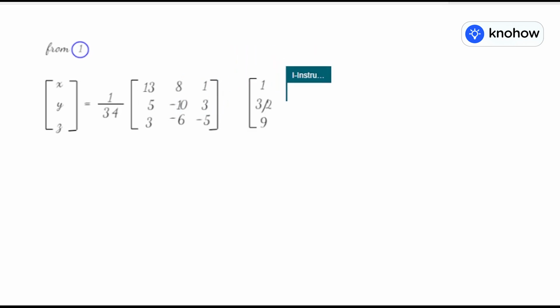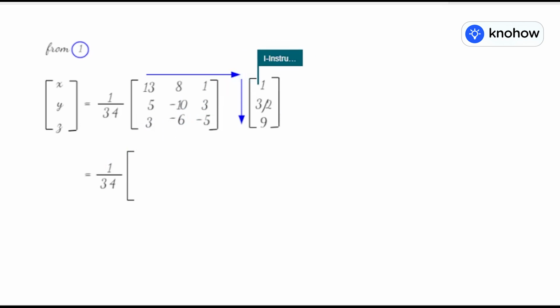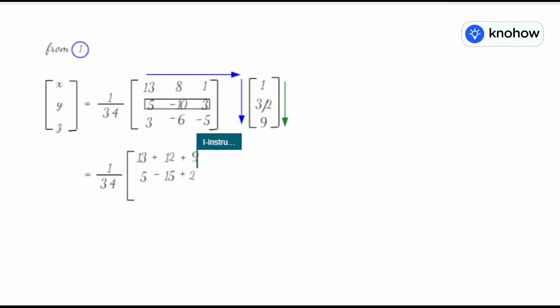You multiply row to column wise. Multiplying the elements of the first row to the column, you get 13 plus 12 plus 9. Then repeating the process with the second row and the column, you get 5 minus 15 plus 27, and then repeat the same with the third row, you get 3 minus 9 minus 45. Just work it out.